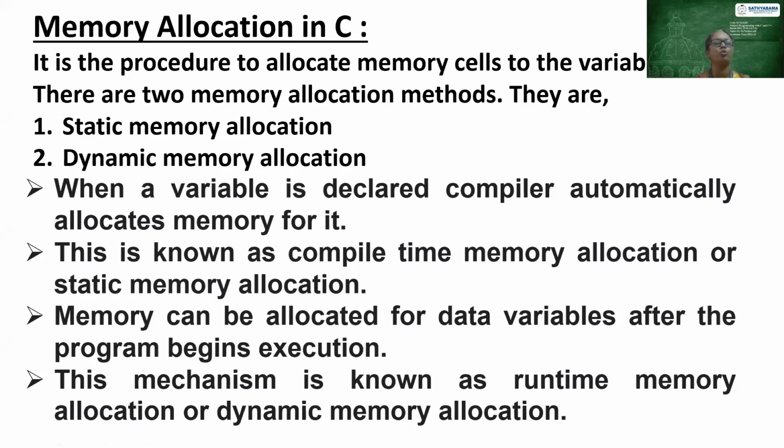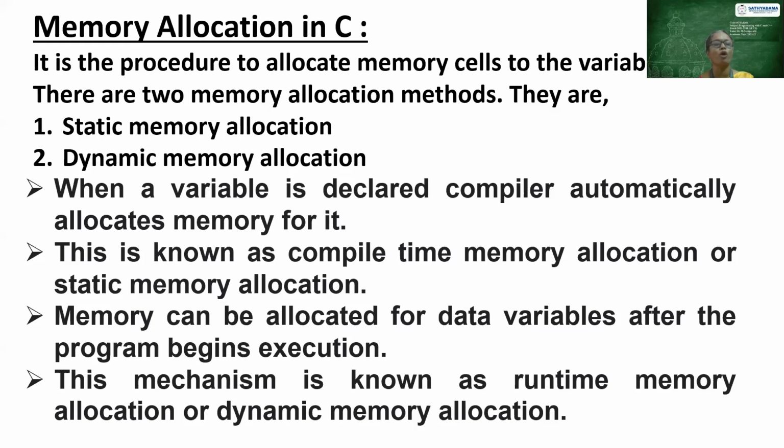Compile will check the code and allocate the memory, so once I declare my data variable, before my program execution begins, the memory will be allocated. That is static memory allocation, a fixed memory allocation done at compile time.